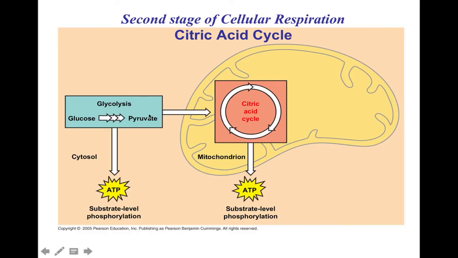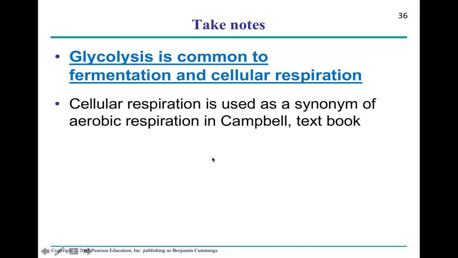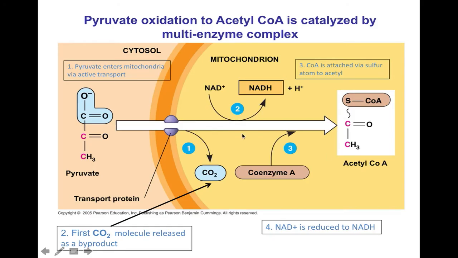Did you notice that one glucose undergoes glycolysis, and only one glycolysis, right? One glucose undergoes glycolysis and it will make two pyruvates. So when it comes to pyruvate oxidation, each pyruvate will undergo oxidation separately. So whatever pyruvate forms, it will form acetyl CoA.